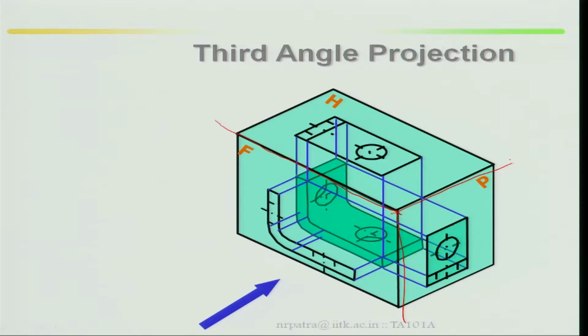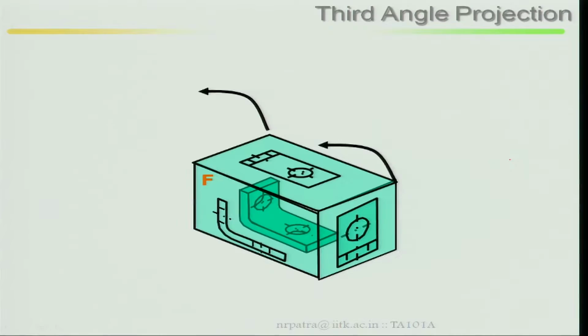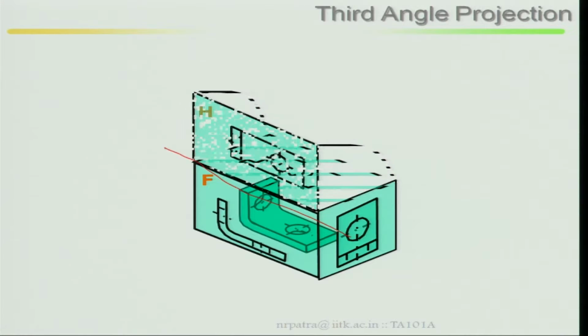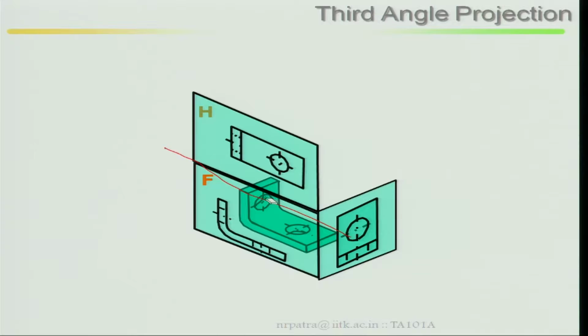As I said earlier, the frontal plane or front view is stationary. That means with respect to the front view you have to rotate. This part is stationary. Next I rotate with respect to this hinge line, and the horizontal plane is rotated; this is your top view. Then again with respect to the front view, with respect to this hinge line, it has been rotated.